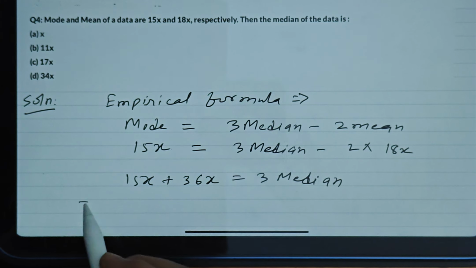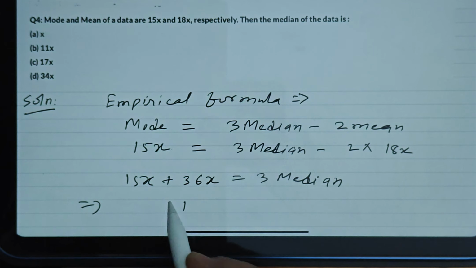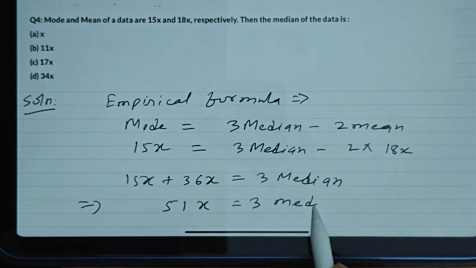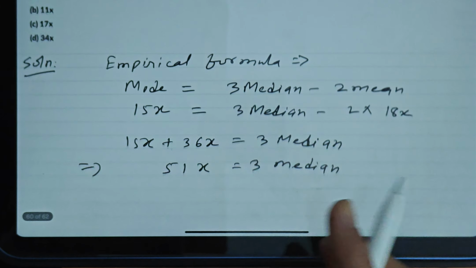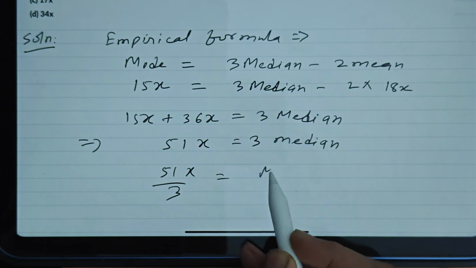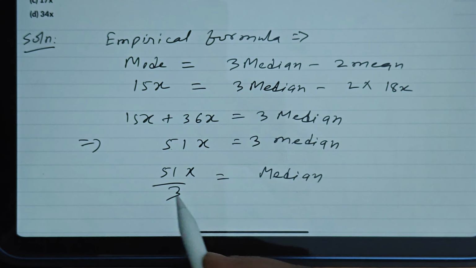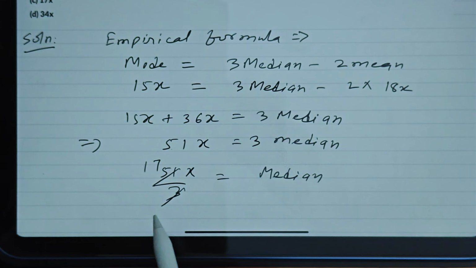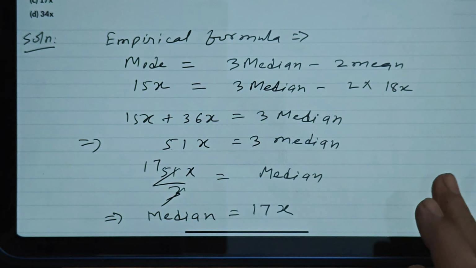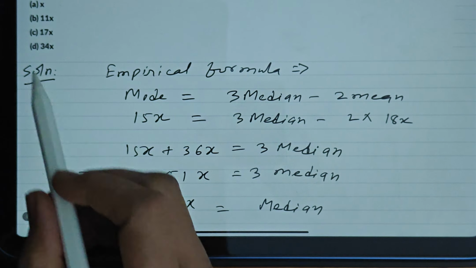Okay, so this will give you 51x equal to 3 median. So median will be what now? 51x divided by 3. So simple. Median, 3 17s are 51. So 17x. Median is 17x. Okay, all questions are not like this easy, but these are short answer questions. So 17x, C is the option.